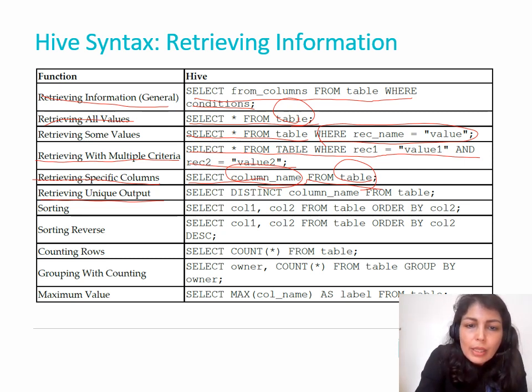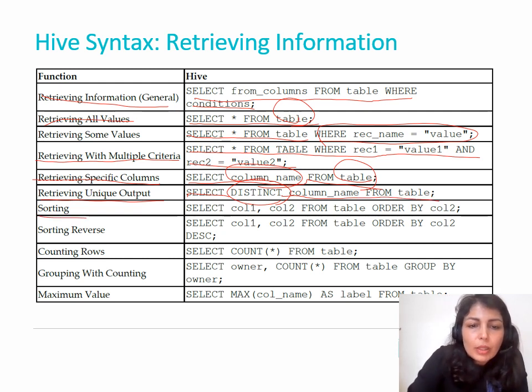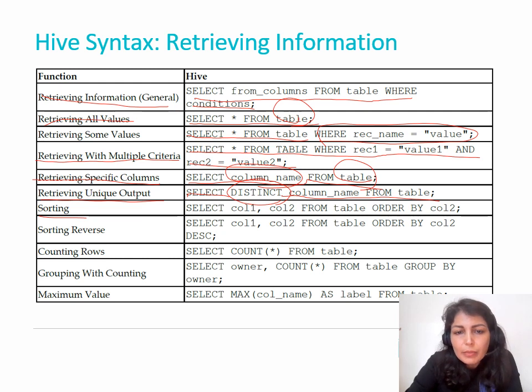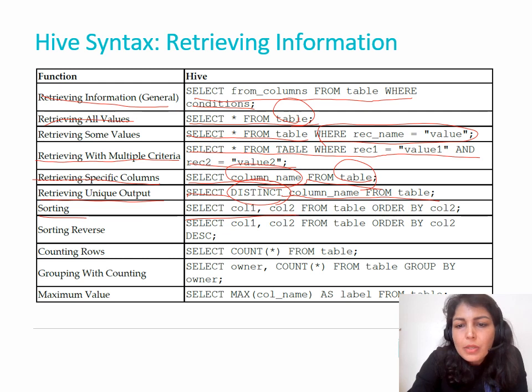So you can select, and if you add this keyword, then you will have only one time the same values, and it just removes the repetitions in the records. Okay, sorting, of course, we explained it before. You can sort the output, select the columns from table, and then you can order it by one of the columns which has been selected here.